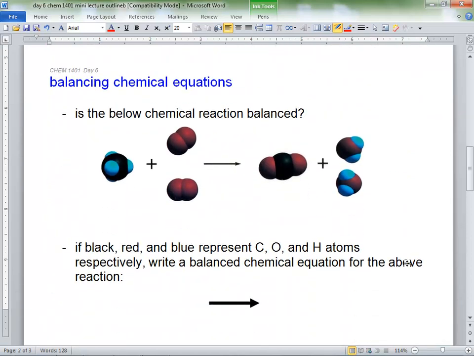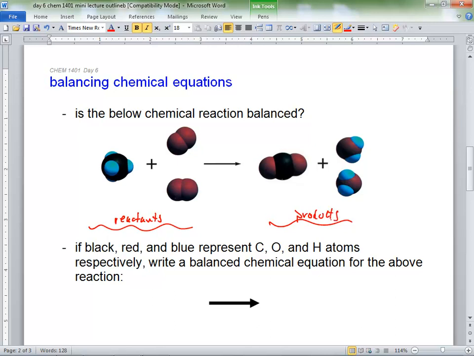So here's a reaction. Now, these are molecules. They're not crystals. They're not ionic compounds. So we have reactants over here and products over here. But is it balanced?